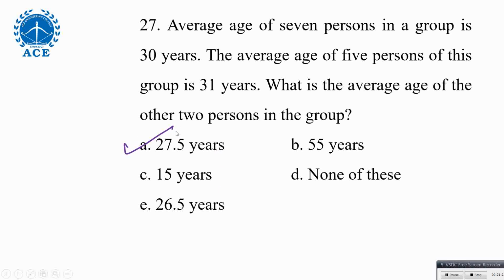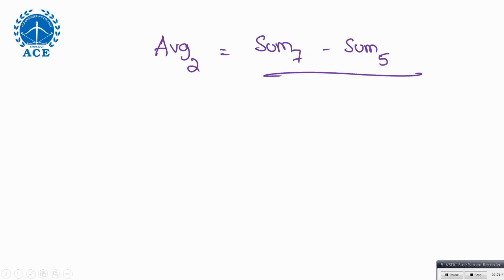See how you can do this question, listen. They give an average of 7 people, and you want the average of 2 people. So first take the sum of those 7 people and remove the sum of the 5 people, then divide by 7 minus 5, which is 2. How do you get the sum of the age of 7 people? Sum equals average of 7 people into number of people.